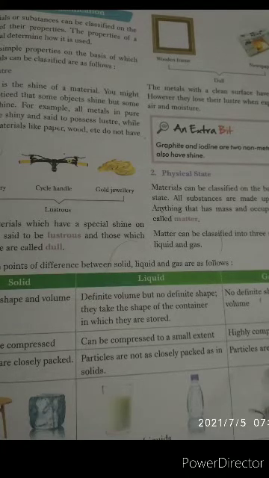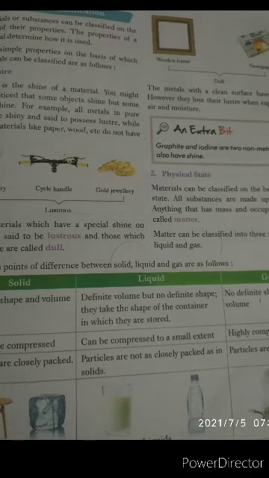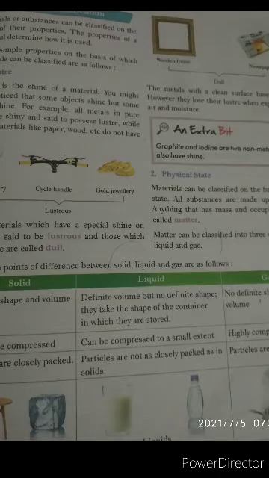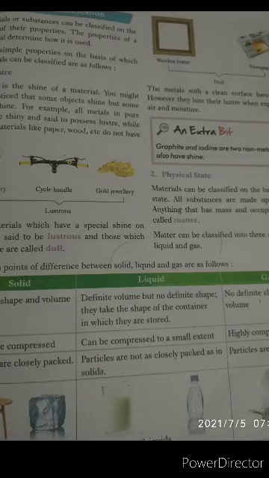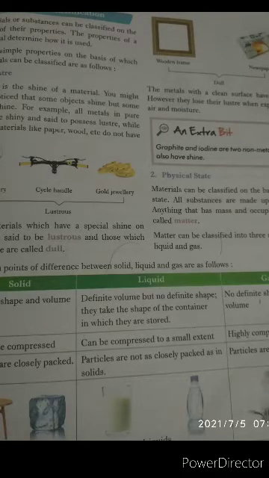Next one, gold jewelry, it will be very shiny. The materials which have a special shine on them are said to be lustrous, and those which lack luster are called dull.